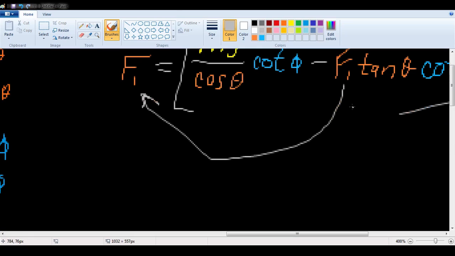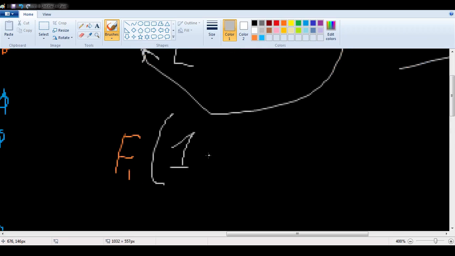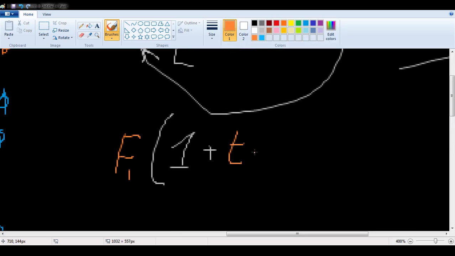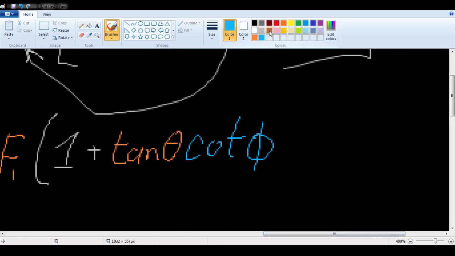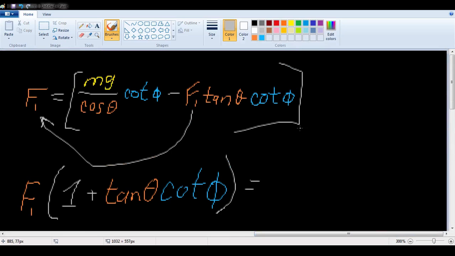So I'm going to move this to this side by adding that term, and I'm going to skip a step and pull out an f1, which will give me f1 times 1 plus, if I pull an f1 out of this term, I will get a tangent theta, cotangent theta, I'm sorry, cotangent phi, equals mg over cosine theta.